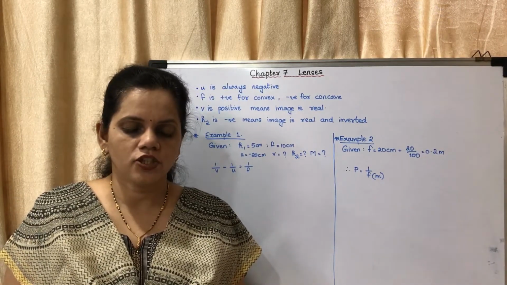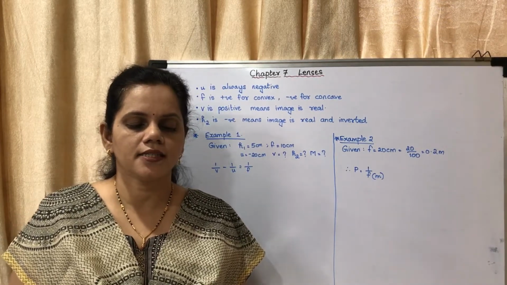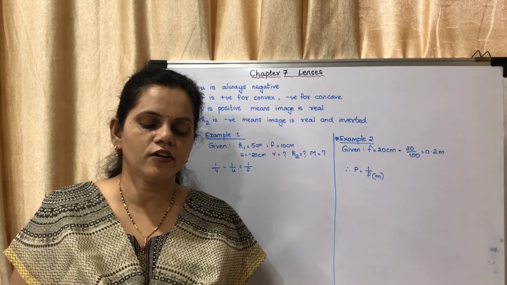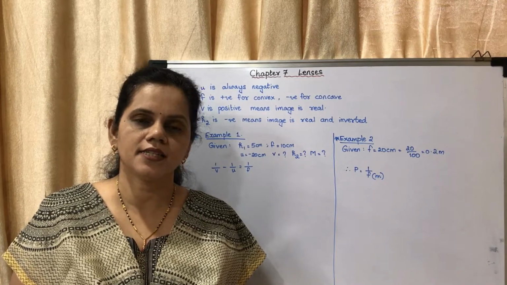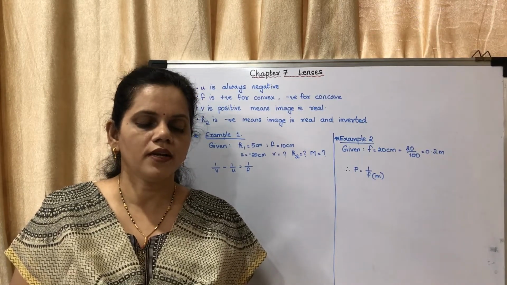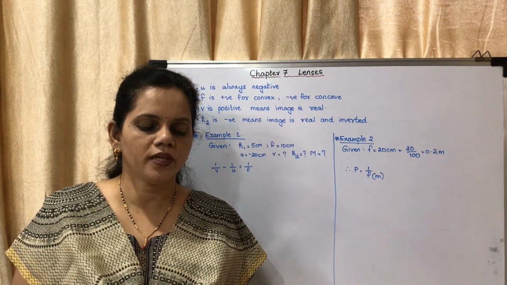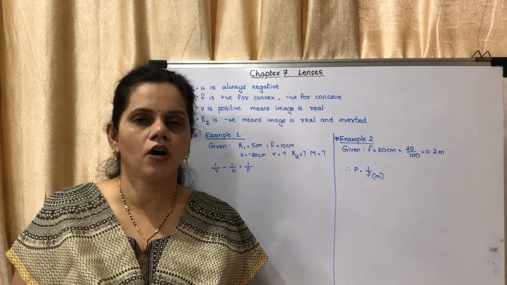Now the first question, solved example. An object is placed vertically at a distance of 20 cm from a convex lens. If the height of the object is 5 cm and the focal length of the lens is 10 cm, what will be the position, size and nature of the image? How much bigger will the image be as compared to that of the object?